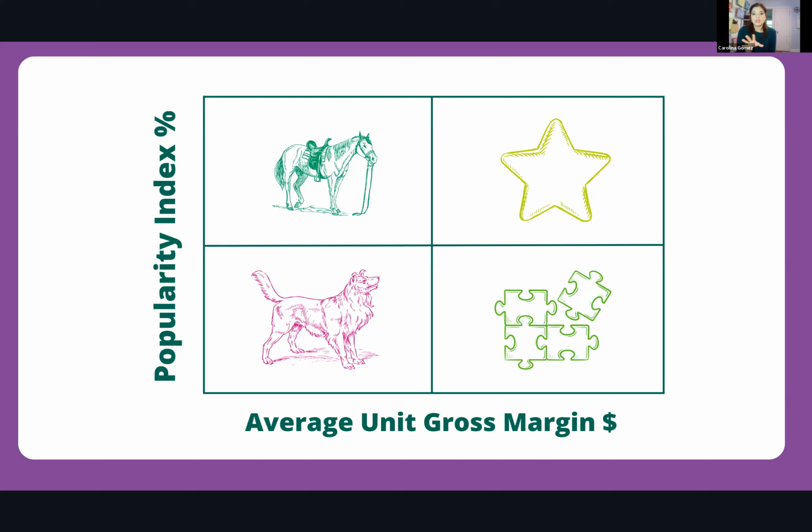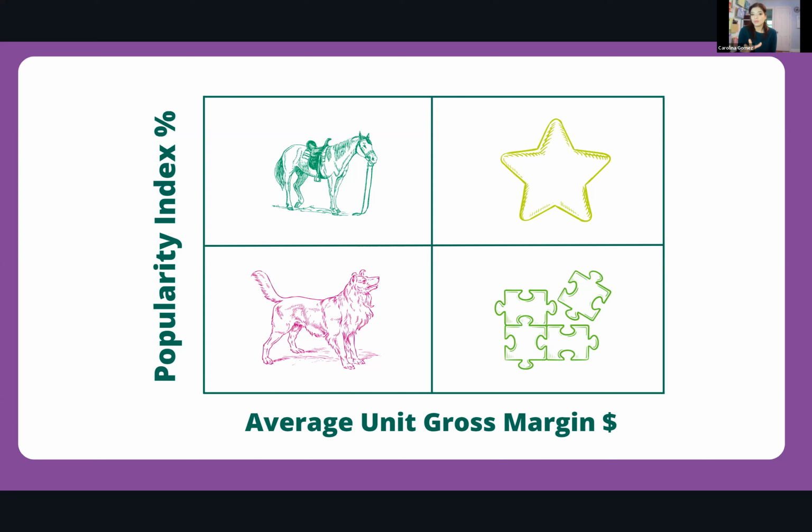So as far as the menu mix goes, your menu mix is very important, because you'll be able to analyze your menu to make sure that you're making a profit on your items, or that your menu is going to make you enough profit to keep your operation open.